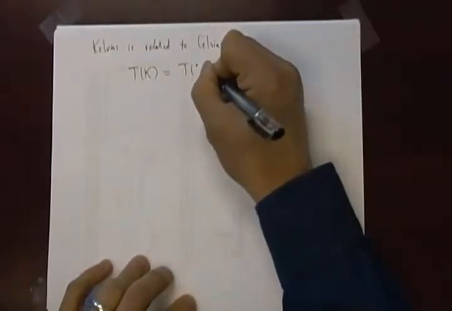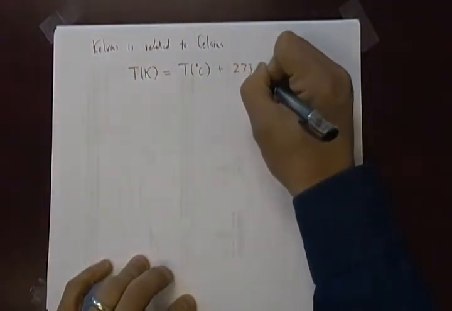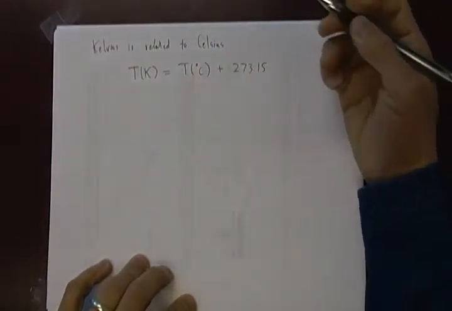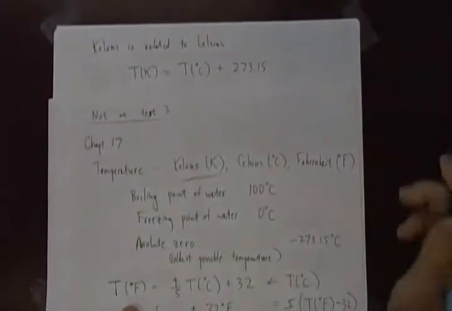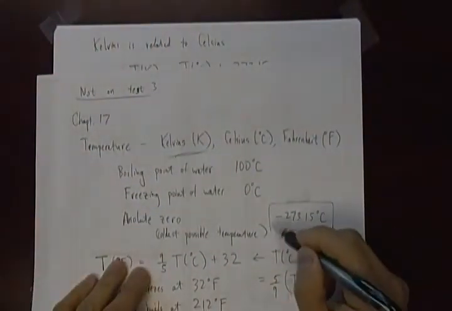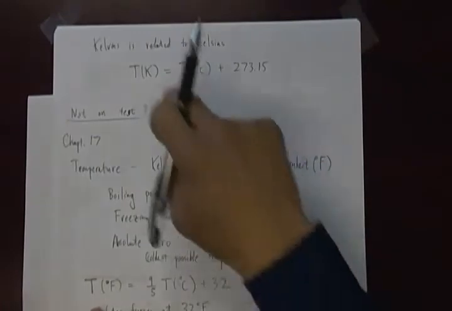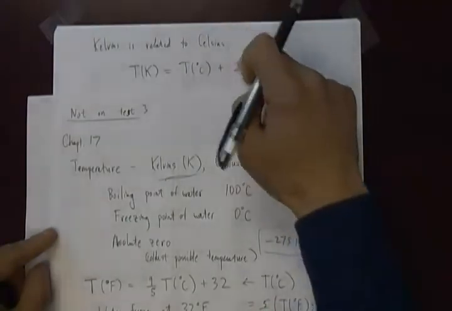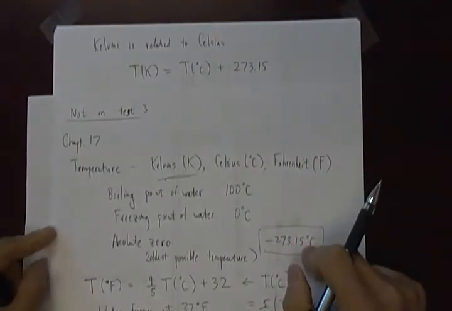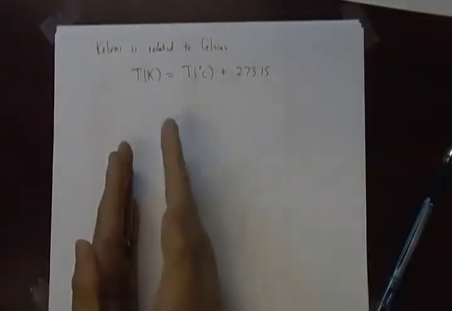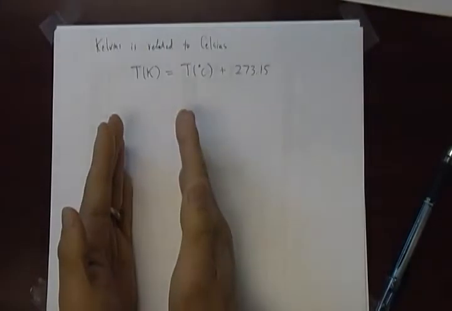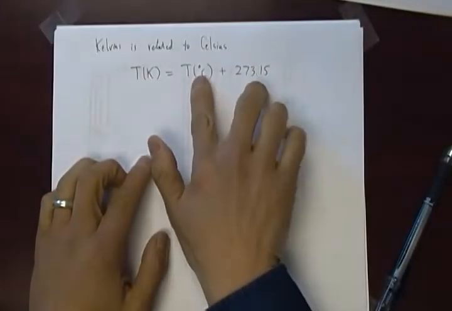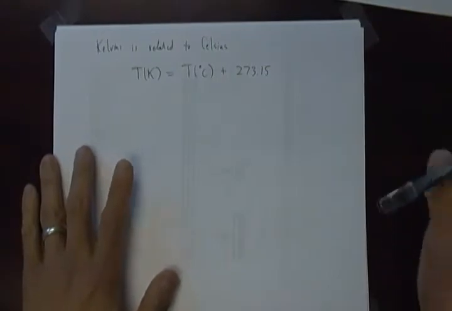So if you know the temperature in Celsius, you just add 273.15 to it. And the reason why that's useful is because it's all cooked up so that absolute zero corresponds with 0 degrees Kelvin. If I add 273.15 to negative 273.15, I get 0. So 1 degree Kelvin is the same as 1 degree Celsius. The only difference is that it's been shifted so that absolute zero starts at 0.